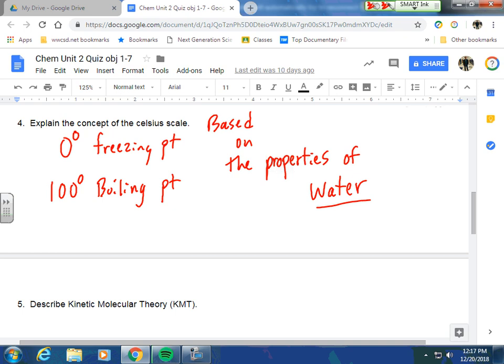Okay, you got that? Cool. Based on the properties of water. Based on the freezing and boiling points of water. Freezing 0, boiling 100. And then we kind of make the degrees in between. All right?